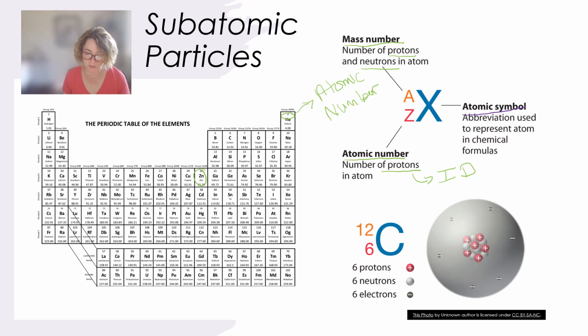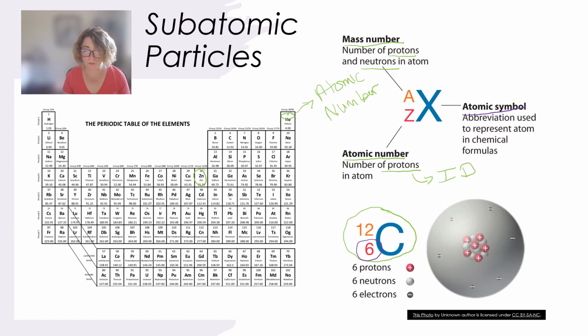Okay, so for the picture down at the bottom, we are dealing with a specific atom here. That atom is carbon, and I can tell that from the symbol. And I know that carbon, because I have been given the atomic number, has 6 protons.